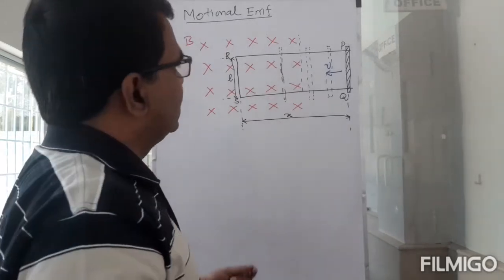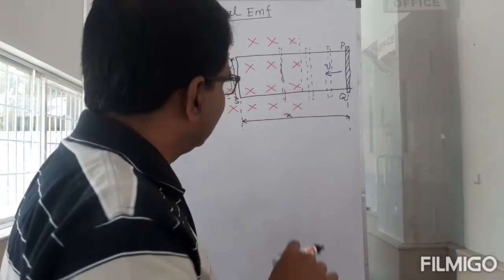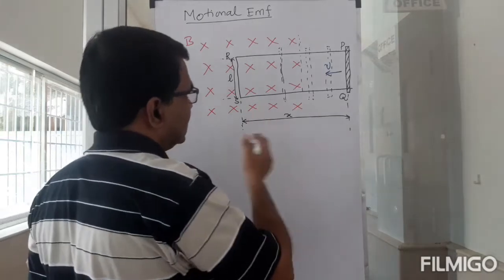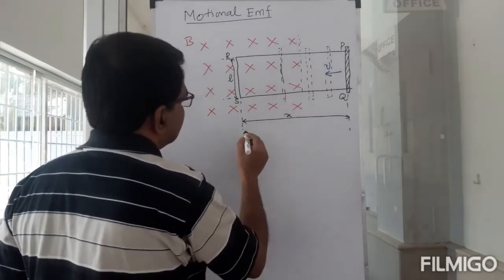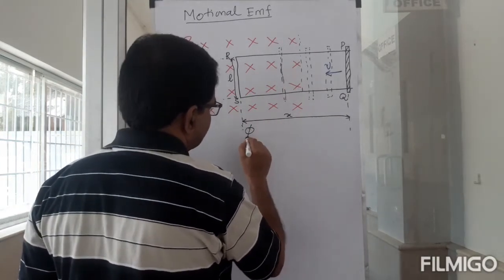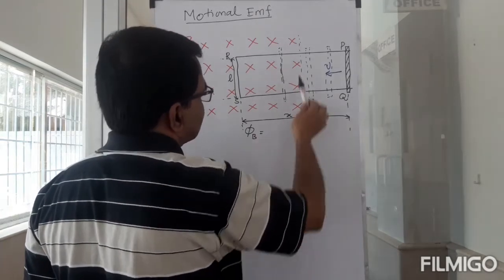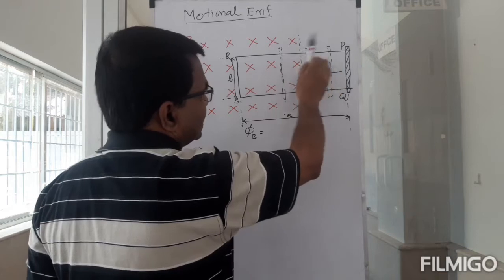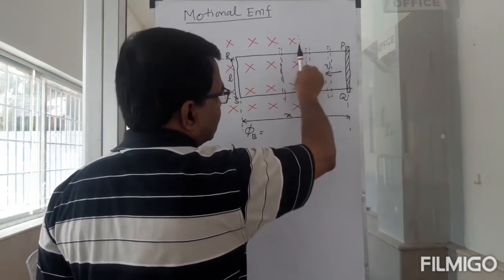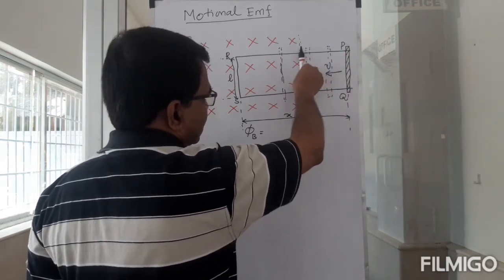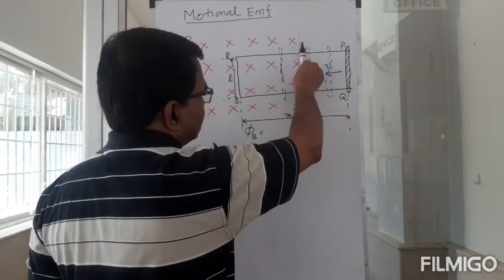Okay. Now, what is the flux at any point in time? Flux phi can be given. I'll start from this point. Let me ignore all these positions. Suppose I start from here. So this is where I'm going to start.